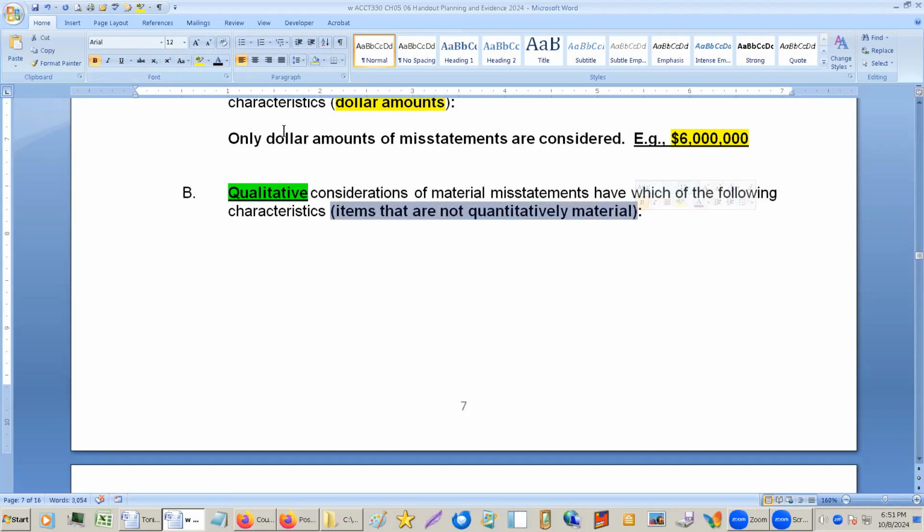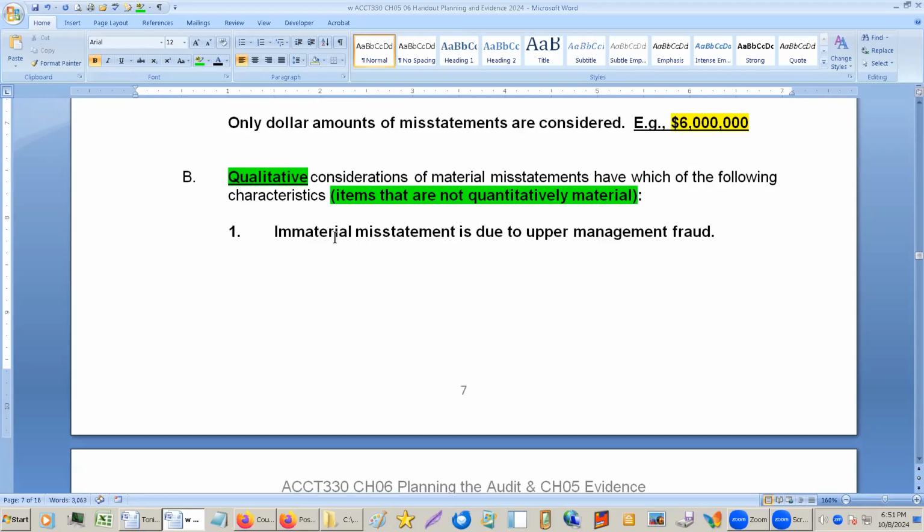So things that are not quantitatively material might still be material because of a characteristic of it. For instance, if the immaterial misstatement is due to upper management fraud.